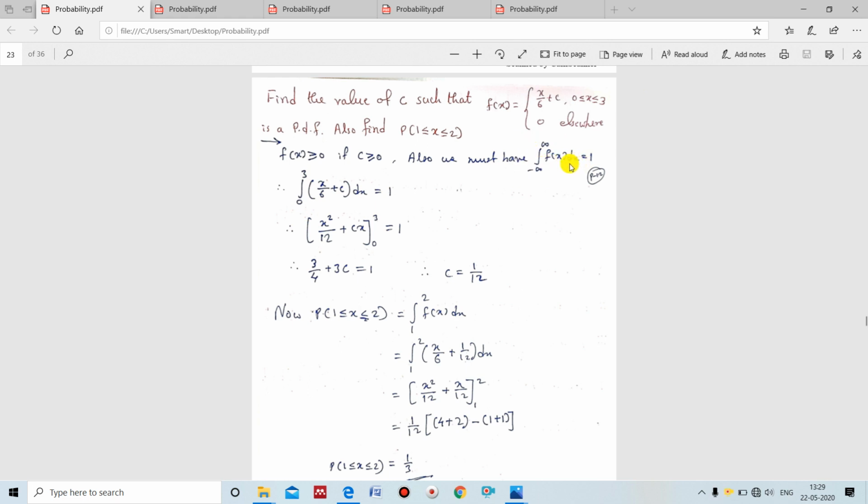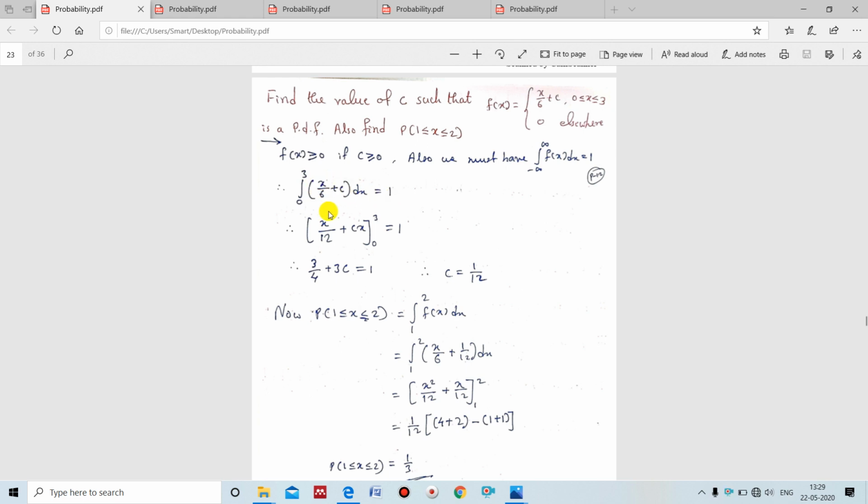This is a basic condition for a probability density function, that always f of x is greater than or equal to 0 and integration from minus infinity to plus infinity f of x dx equal to 1. So here instead of minus infinity to plus infinity they have given the limits 0 to 3. So integration from 0 to 3 of x by 6 plus c dx equal to 1.